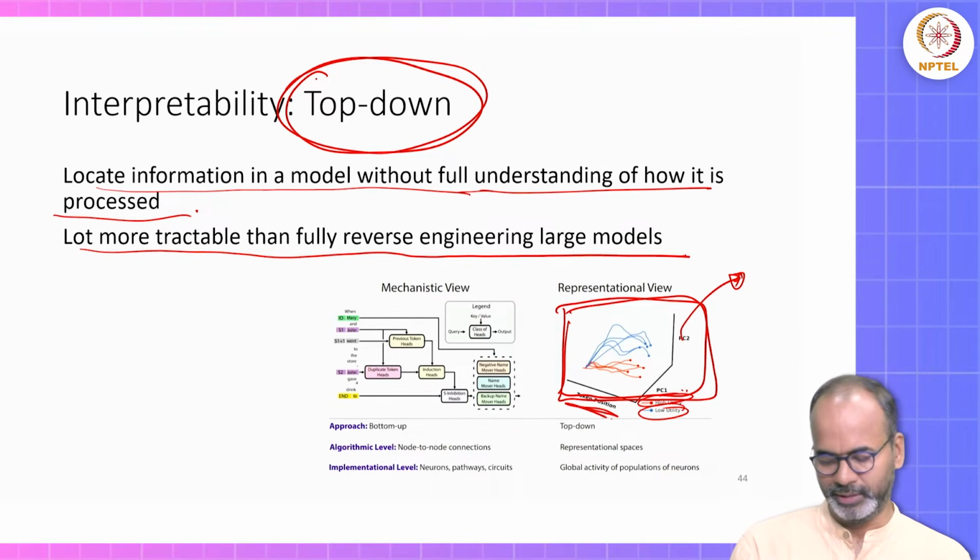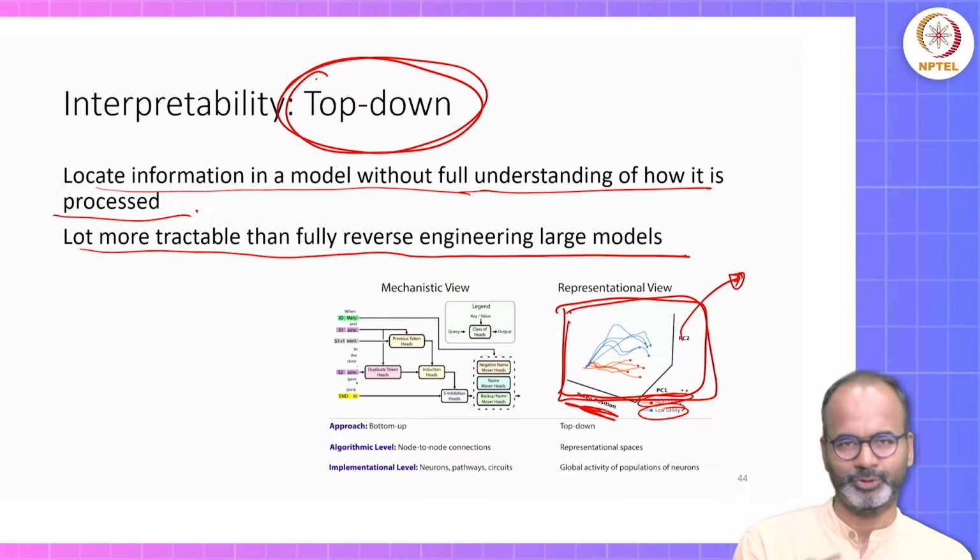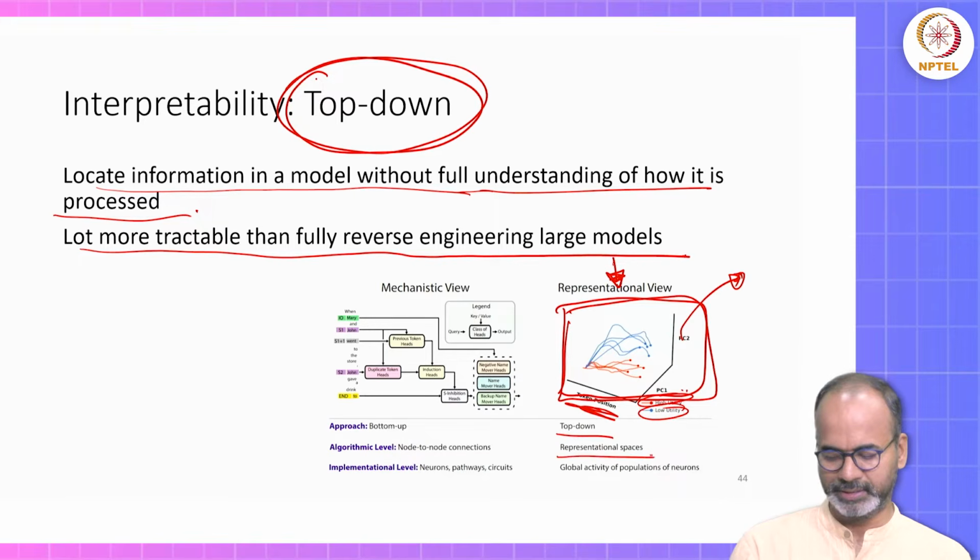Token positions could be pixels in the image. Tokens could be treated as text, words in the sentences, right? So the representational view is this: can you get this kind of a graph and use that to decide how the image, how the text is being processed and identified. So this is a top-down approach. It's representational spaces.